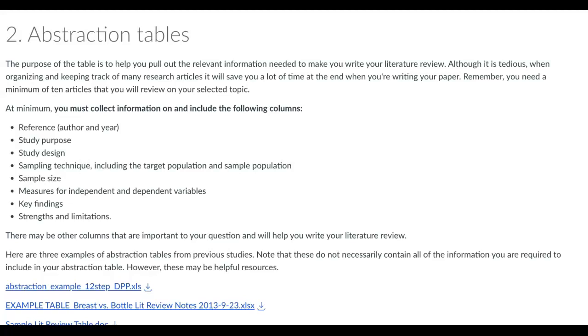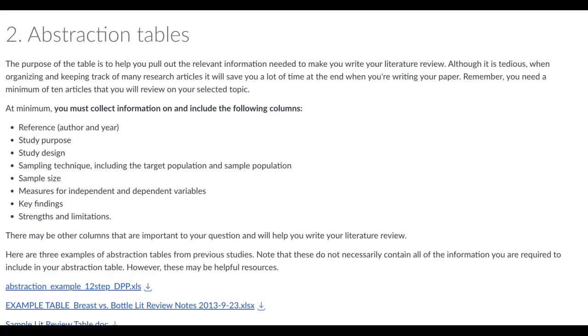Now, creating an abstraction table might feel tedious right now, but I will tell you down the road when you actually go to start writing your outline in your paper, you're going to be very grateful that you put in the effort now. This will save you a lot of time.